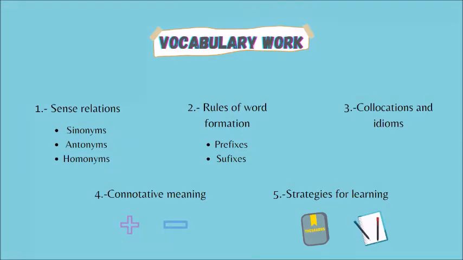Then we have collocation and idioms. For number 4, we have connotative meaning, and the student has to decide if that meaning is positive or negative. Also, we have strategies for learning, like using dictionaries and having a notebook of new vocabulary.